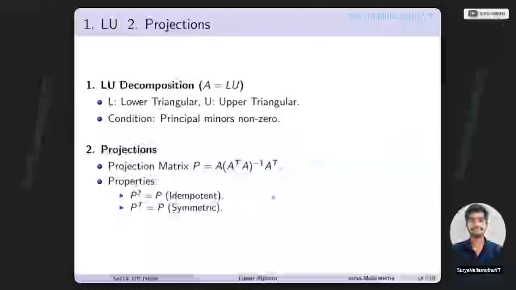And next, P square is equal to P. So it means the projection matrix must be an idempotent matrix and must be a symmetric matrix. Then you need to remember that point, then you get whether it is a projection matrix or not. The projection matrix must follow these two conditions: it must be idempotent and it must be symmetric.